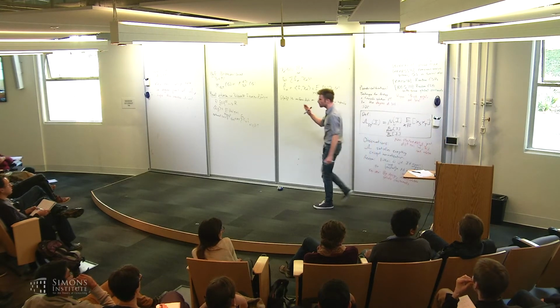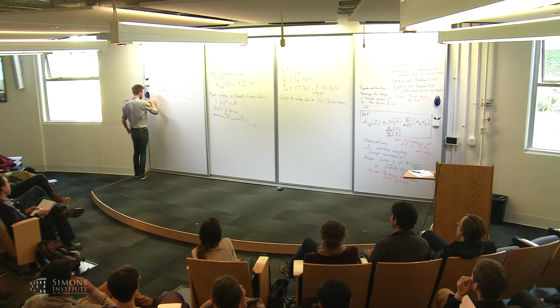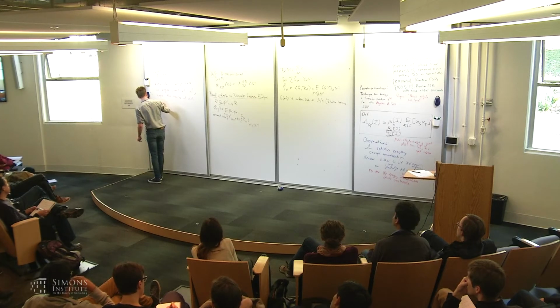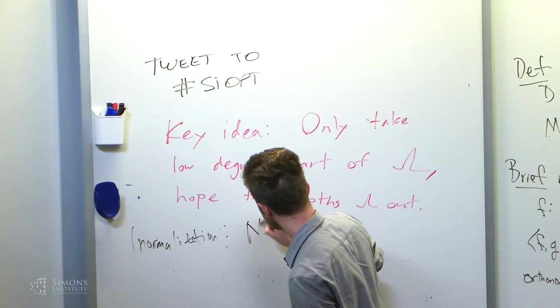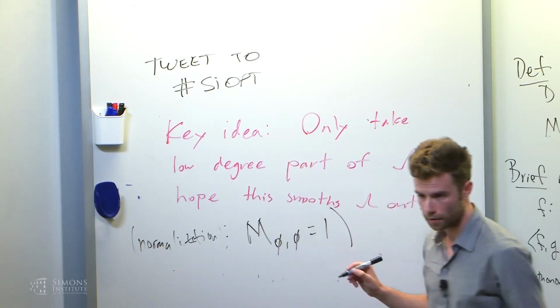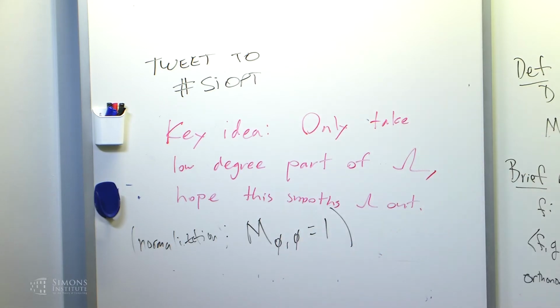But OK, just to be clear about what normalization means, let's have a parenthetical remark here. Normalization is this constraint that the upper left entry of the moment matrix is equal to 1. So why wasn't this satisfied? Well, the upper left entry of this matrix, if I put the empty set here, then this is 1.